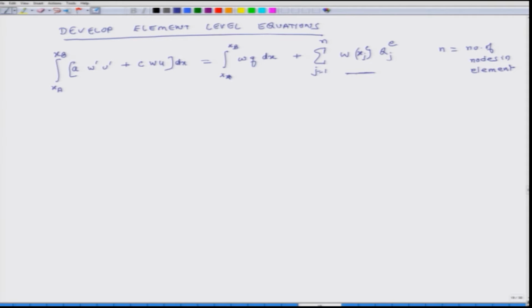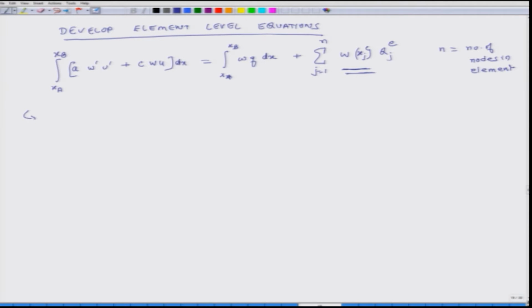This term at intermediate nodes will be 0, right? Okay, we will explain that later. Just hold on to that, we will come to that a little later.